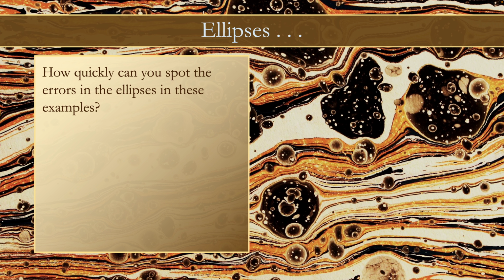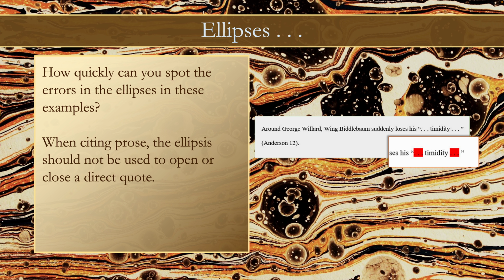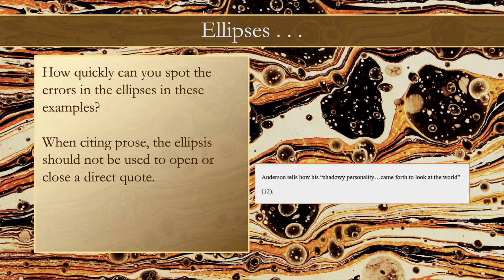So how quickly can you spot the errors in the ellipses in these examples? Here's the first one. So again, no need to have ellipses at the beginning or the ending. It's just one word. And here's another one for you to look at. The error here might be less obvious, but it's a spacing issue.